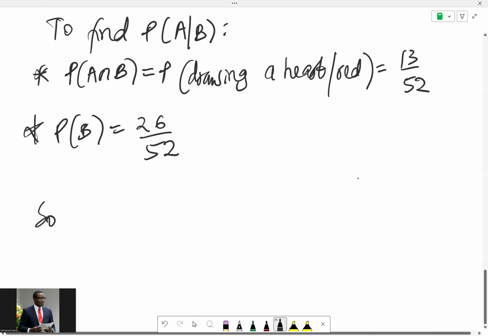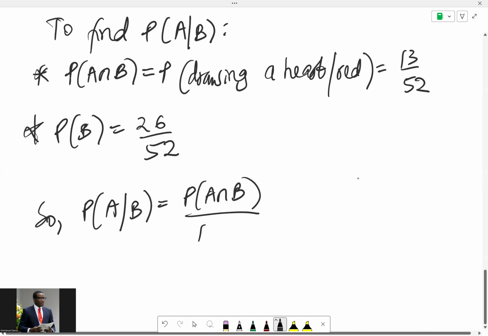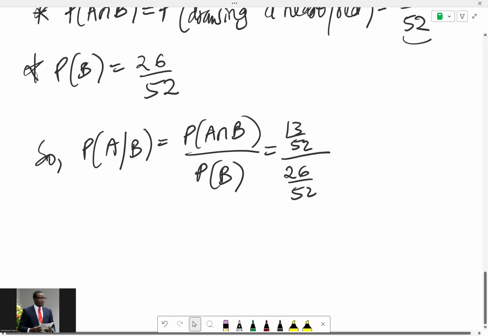So finally, we have the probability of drawing a heart given that a red card had been drawn. It's probability A intersection B over probability of B. So that is 13 over 52 divided by 26 over 52, which is 13 over 52 times 52 over 26.